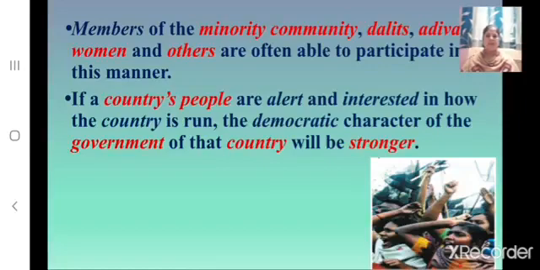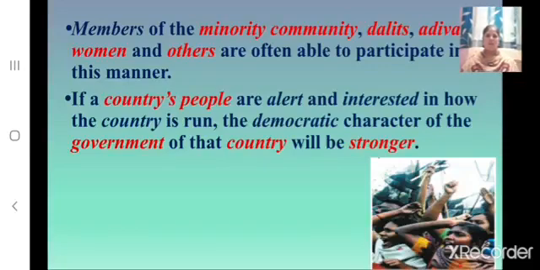And if a country's people are alert and interested in how the country is run, then the democratic character of the government of the country will be stronger. That means the minority community, dalits, adivasis, women and others can also participate in the working of the government, and through social movements they can challenge the government and its functioning.